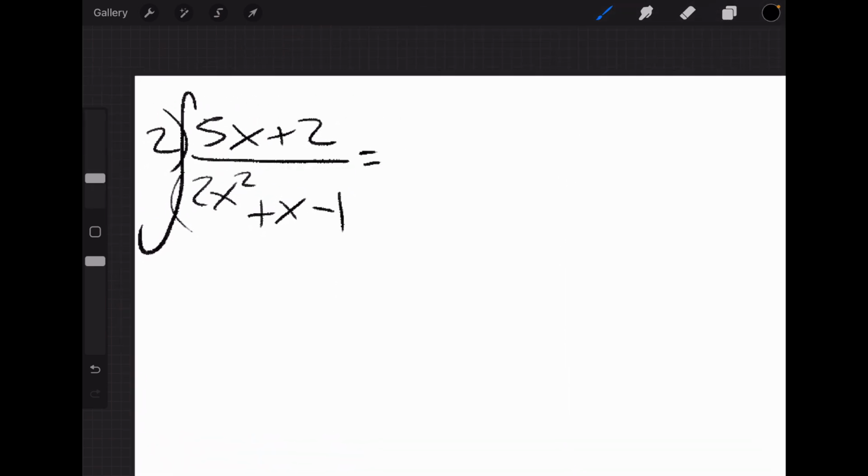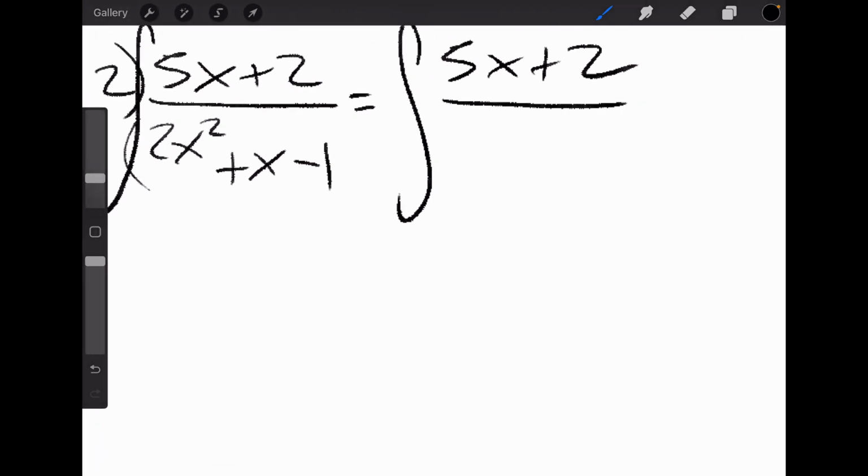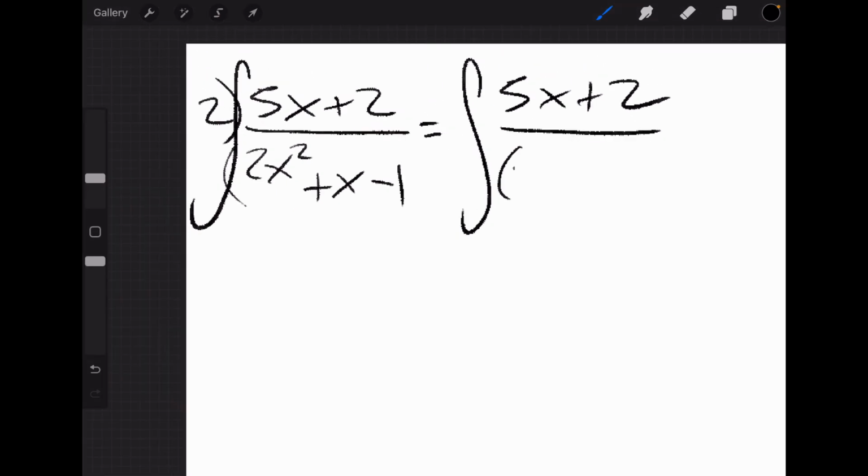So if we want to factor the bottom, it would be 2x minus 1, and then it would be x plus 1.